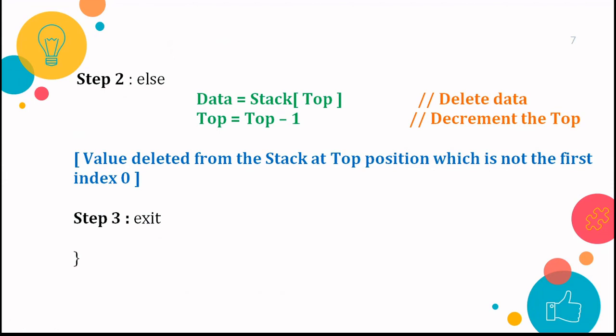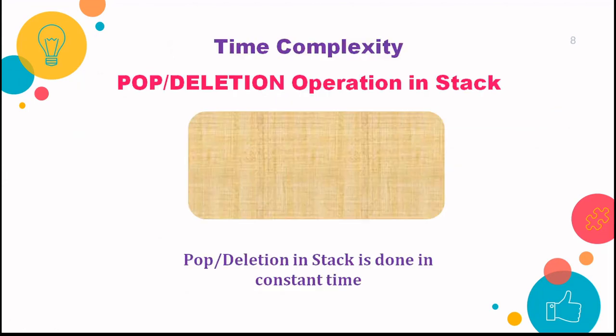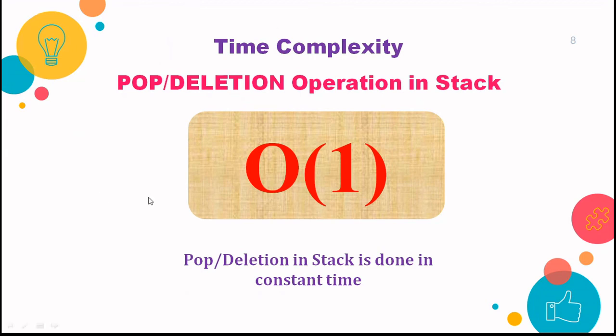So this was all about the algorithm of pop operation in stack. Now let's understand the time complexity of the pop or deletion operation in stack. To delete something we will be given a location, right? And that location will be the last location where the last element is placed. So you are simply given the last location, which is stored in the top pointer, that is the stack pointer, and from that location you simply delete the element, and that's it.